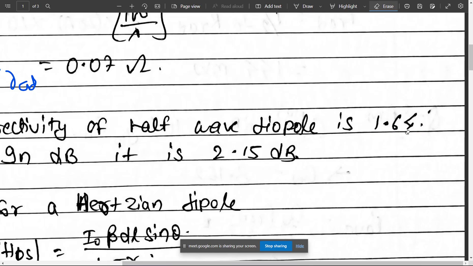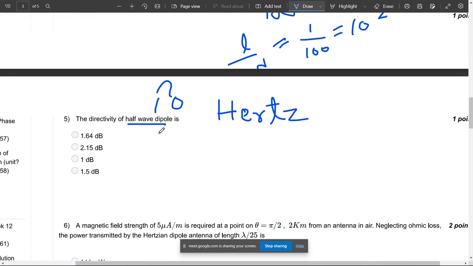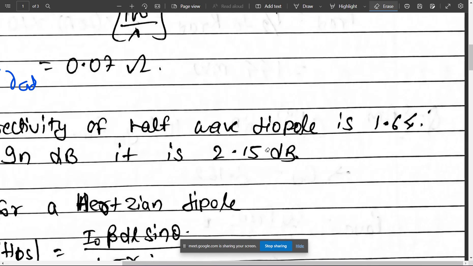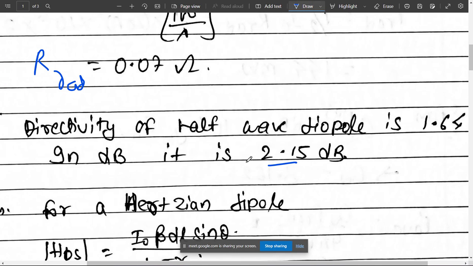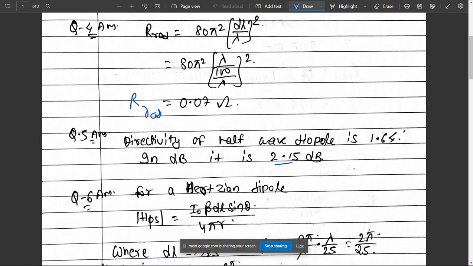Since in the question it's asked in dB, and all the options are given in dB, we will convert the 1.64 absolute term into dB, which will be equal to 2.15 dB. So the directivity of half wave dipole in dB will be 2.15.